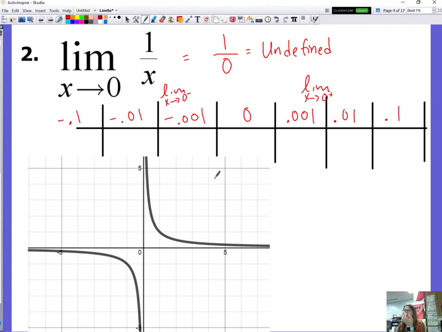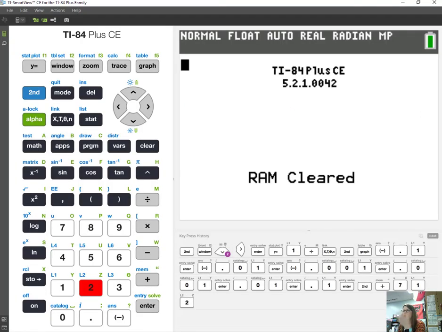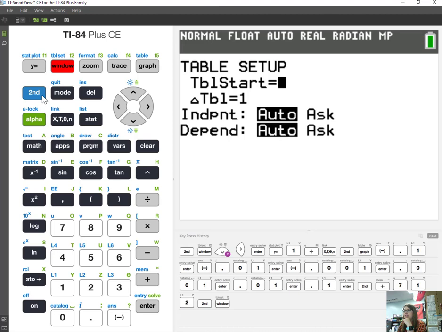And so when you're in class, this might make more sense because you'll have a calculator. But if you have a calculator, you have the app, go to the calculator, and I'll show you how to do it here. So go to second window, and that'll open the table set, and you want to change the independent variable here to ask instead of auto.